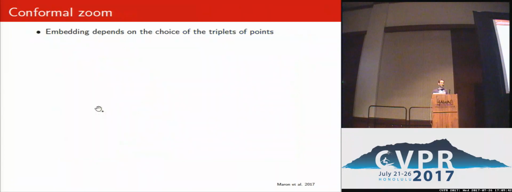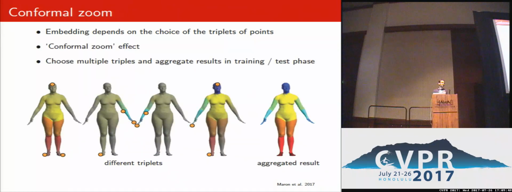So you can consider it as an advantage. Basically, it allows you to zoom in onto some regions of the manifold. But the problem is that different selections of these triplets give you different results. So what they do is basically consider multiple selections of these triplets and then do some kind of folding, aggregating the results.